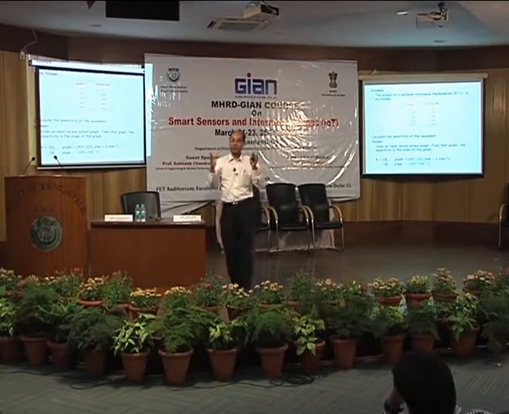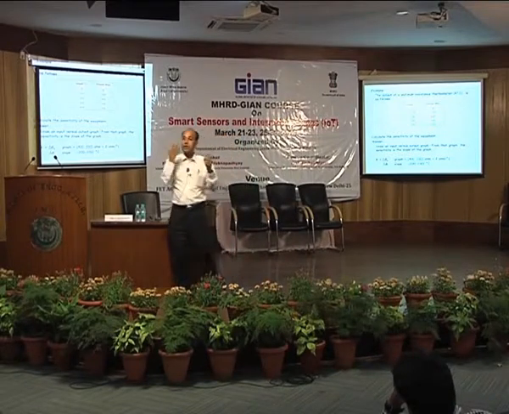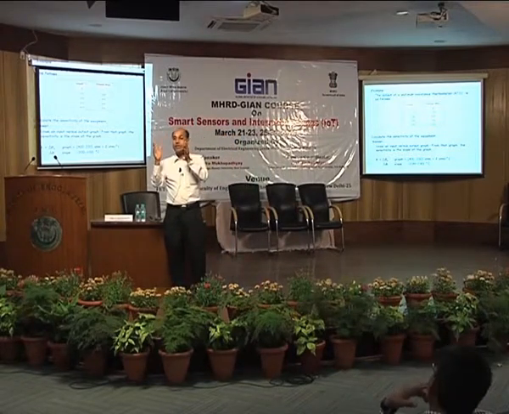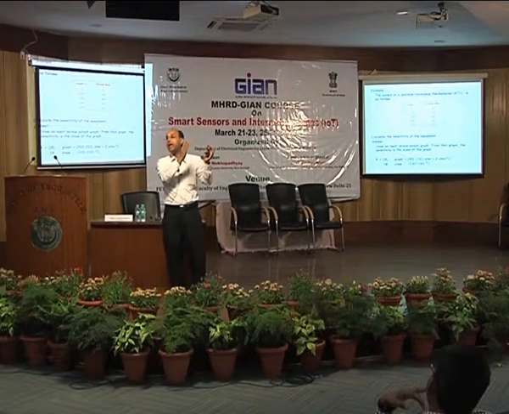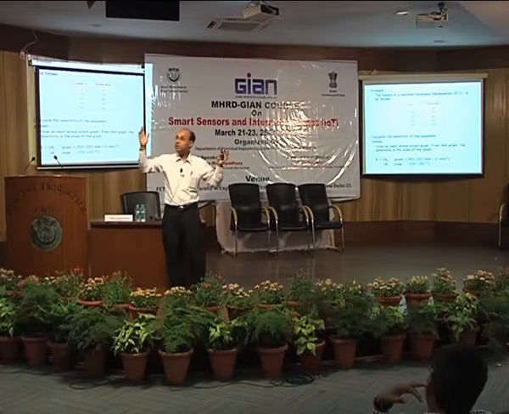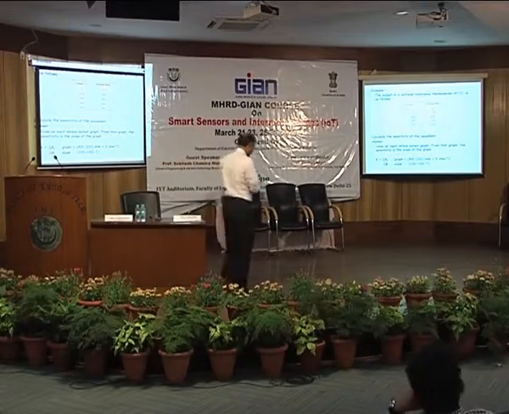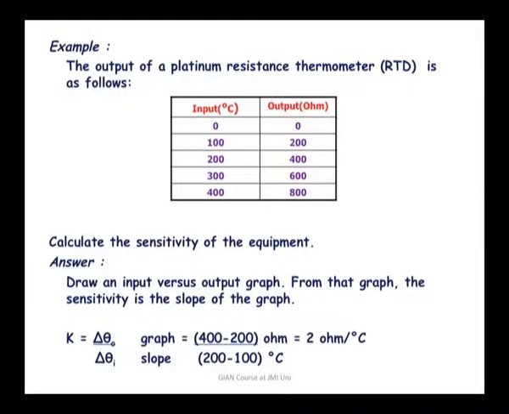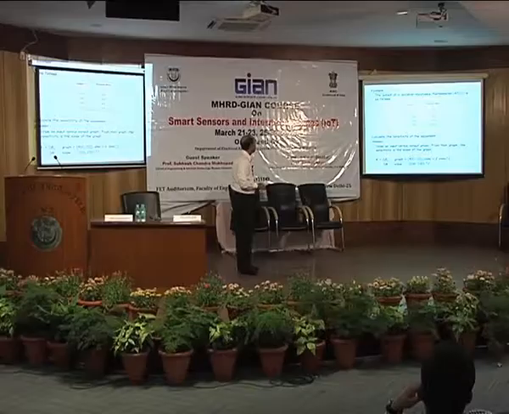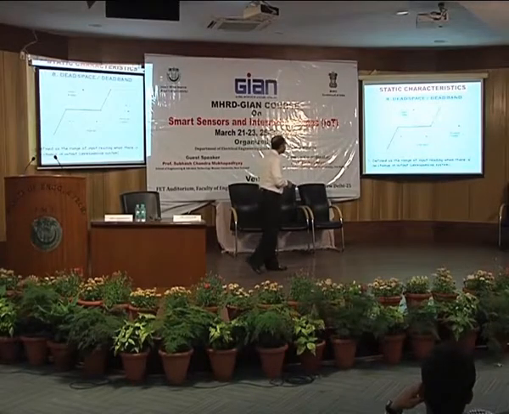And you can use that particular sensor where you get high sensitivity, which may not be the whole range. You understand? Sometimes you need to go that way. As we know, sensitivity is delta output by delta input. So you can find out the sensitivity for this, and you can get different values for the different ranges.